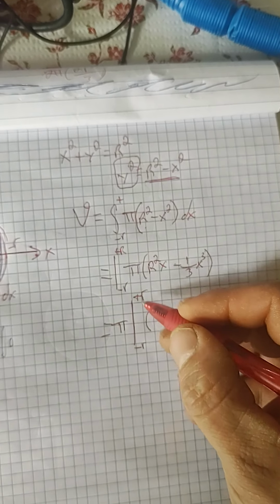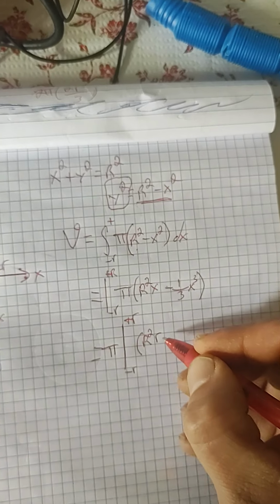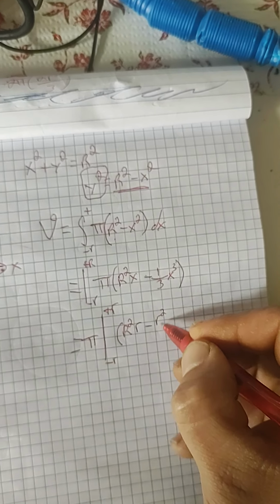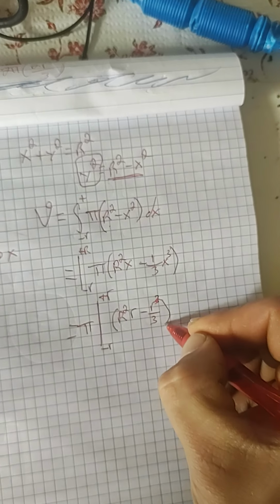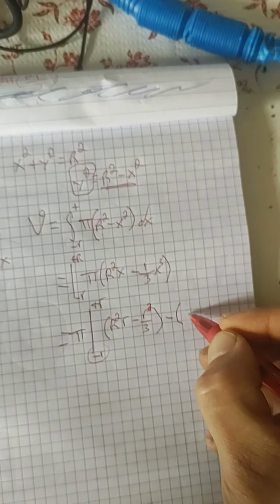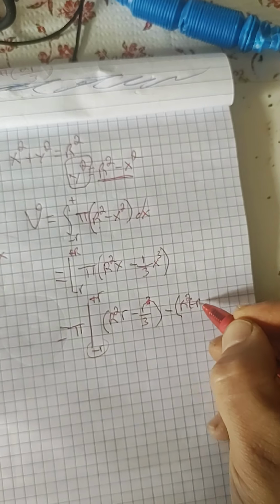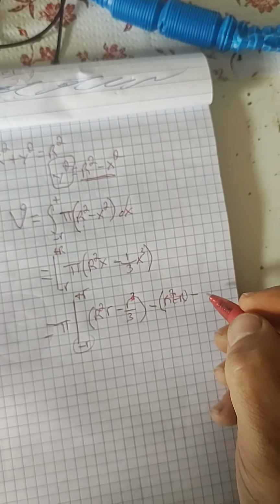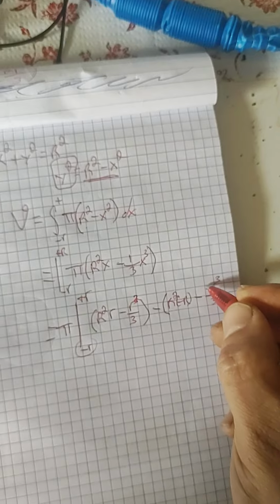We plug in positive r, so we get r squared times r minus r cubed over 3. Minus, now we plug in minus r into the exact same thing, so r squared times minus r minus negative r cubed over 3.